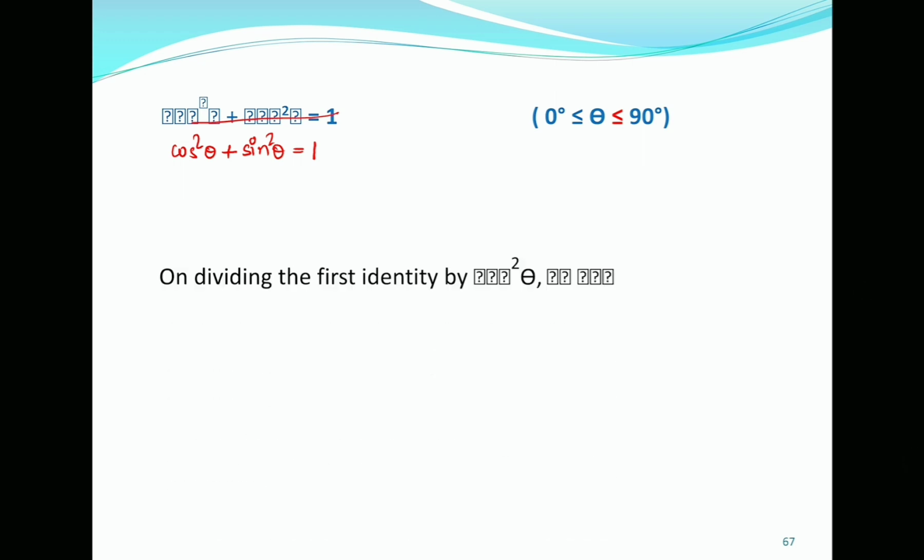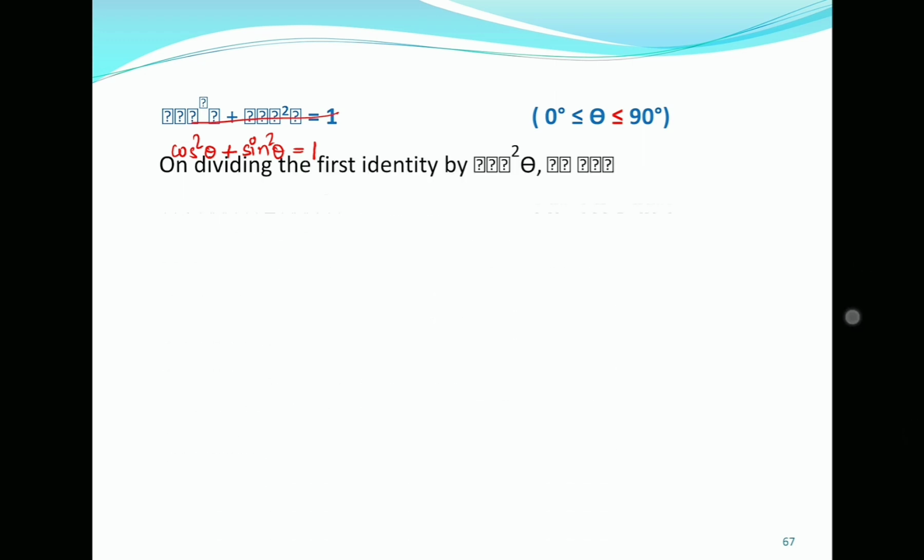Let's say this is identity 1: sin square theta plus cos square theta equals 1. Let's say this is equation 1.